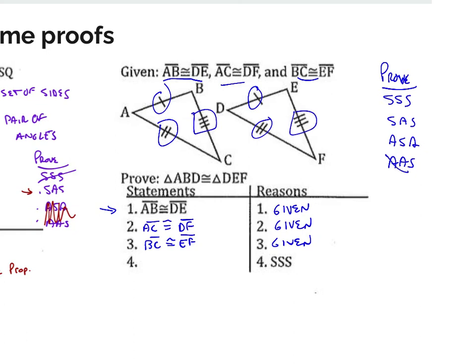So anything with an angle in it that I'm trying to prove is out. I'm using side-side-side, which is what I want here. So my final statement is going to be triangle ABC is congruent to triangle DEF. That's all I'm doing. That one's pretty straightforward, easy.